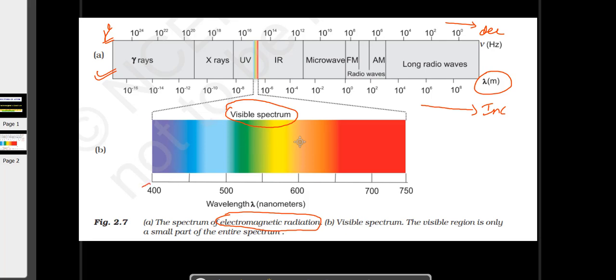So we are able to see this beautiful world. All the things are emitting light in between 400 to 750 nanometer. Then only these things we are able to watch.